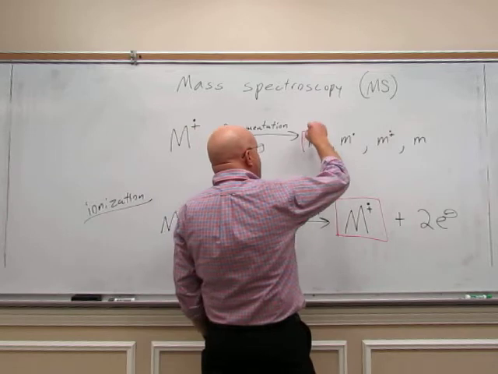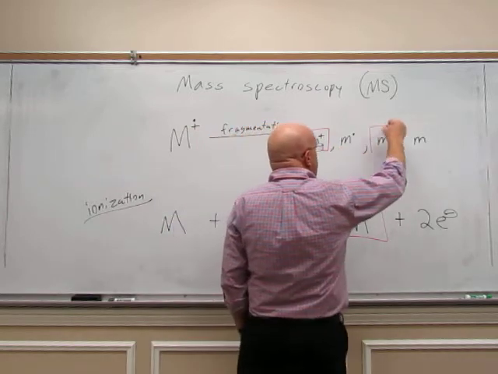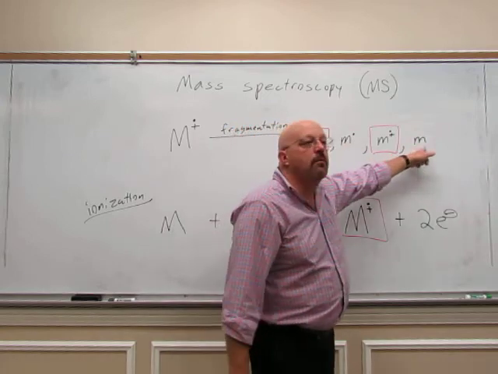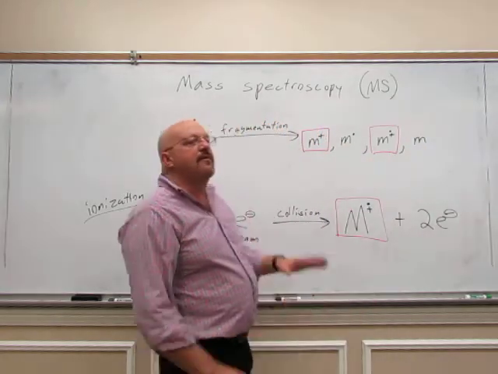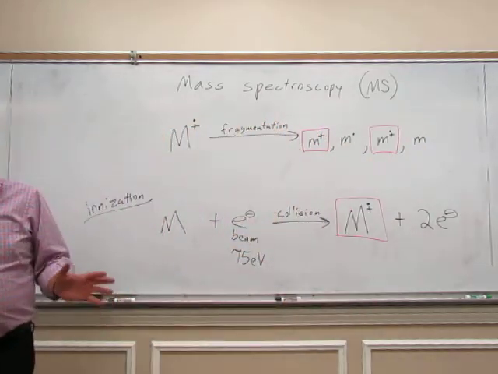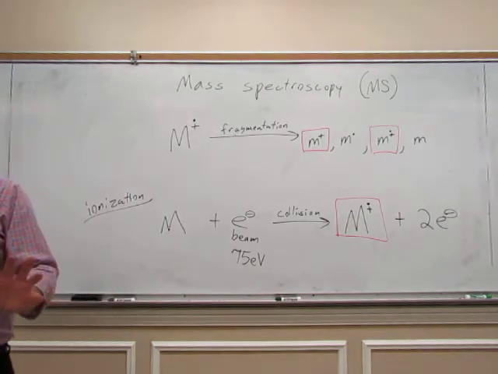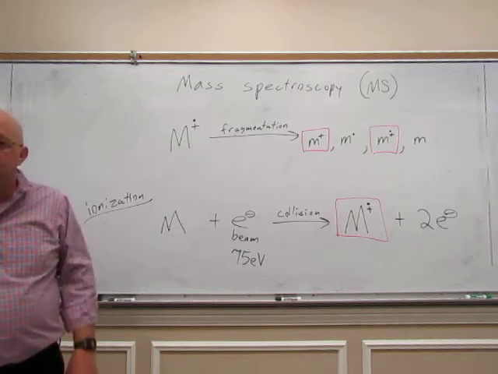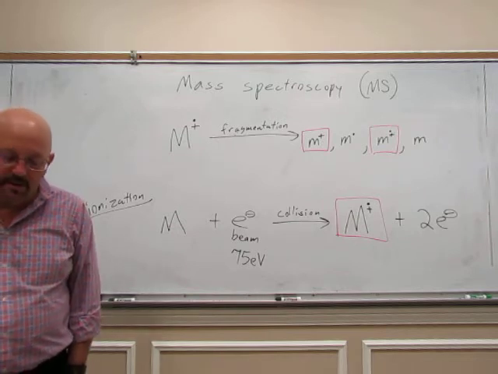It can identify any of these pieces that have a plus charge, but it cannot see a radical or a neutral. That detector does not even know they're there. That's important, write that down. The detector only detects cations. It must be a cation for it to detect it.